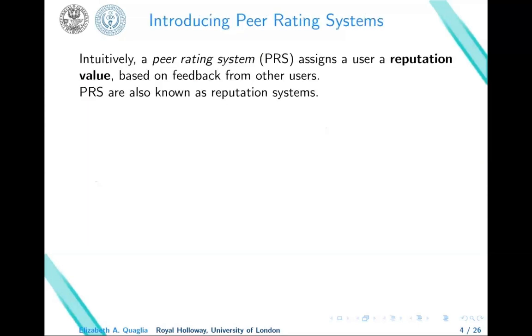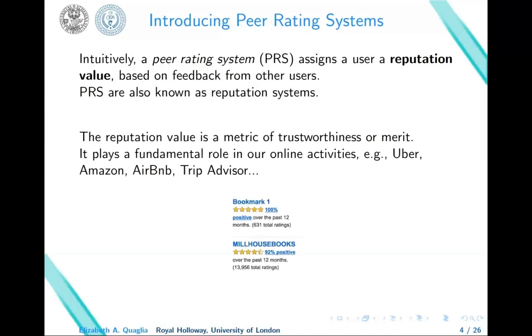So let's start with introducing peer rating systems. Intuitively, a peer rating system assigns a user a reputation value, which is based on feedback from other users. And in fact, oftentimes a peer rating system is also known as a reputation system. Now, this reputation value basically represents how trustworthy a certain user is, or what is their merit in terms of what service they can provide and what item they're offering. And while you might wonder why we are interested in this kind of system, it turns out that it plays quite a fundamental role in our online activities.